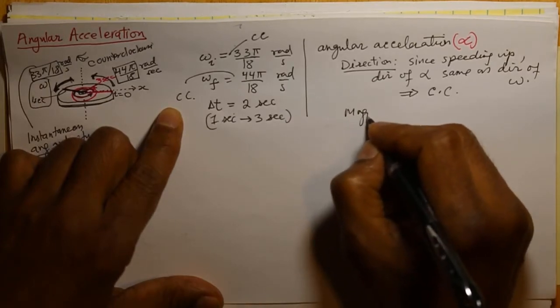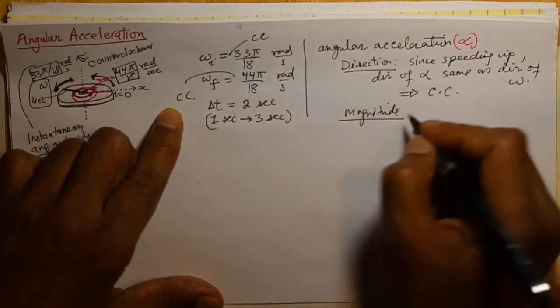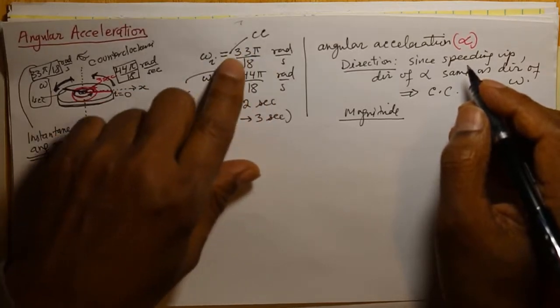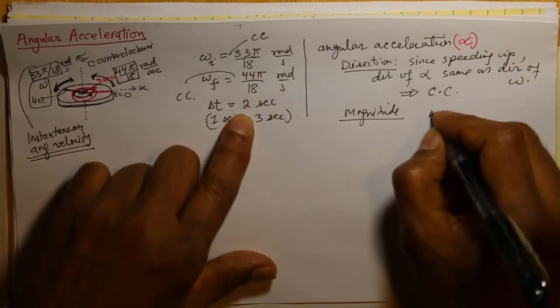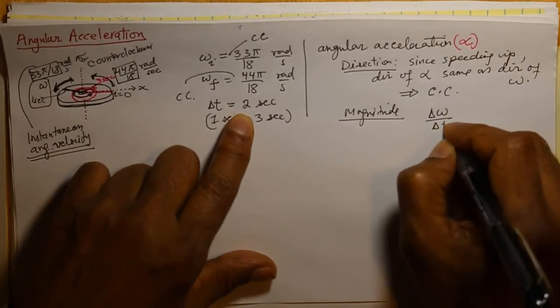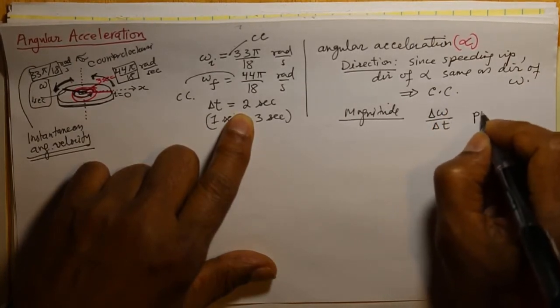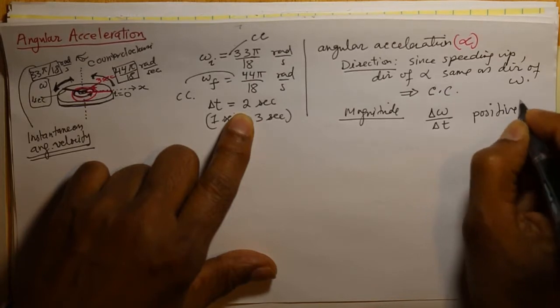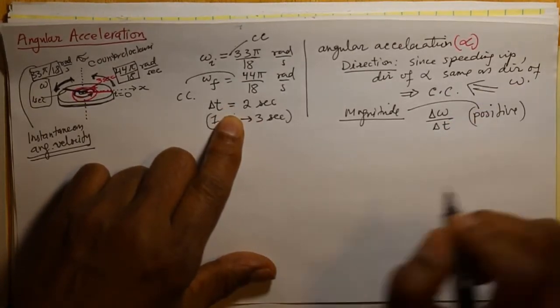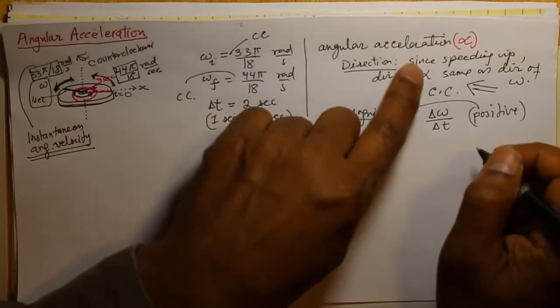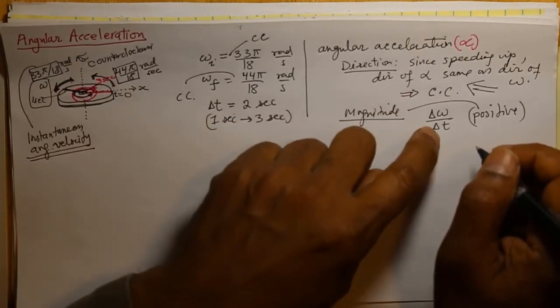The magnitude of alpha will be an amount squared divided by time. So delta omega over delta t. And I'll make sure this is positive because we're talking about magnitude, because all the direction part is in here. When we say counterclockwise or clockwise, we don't put the direction part in here.